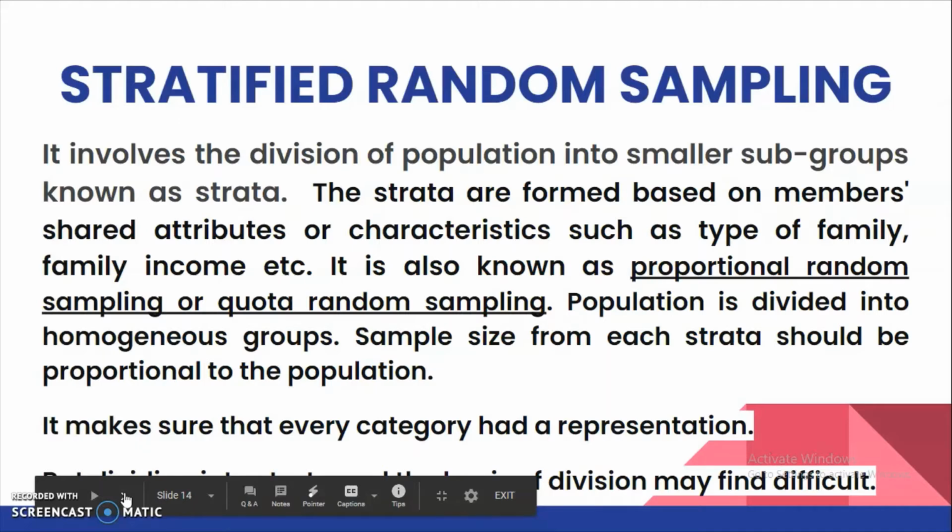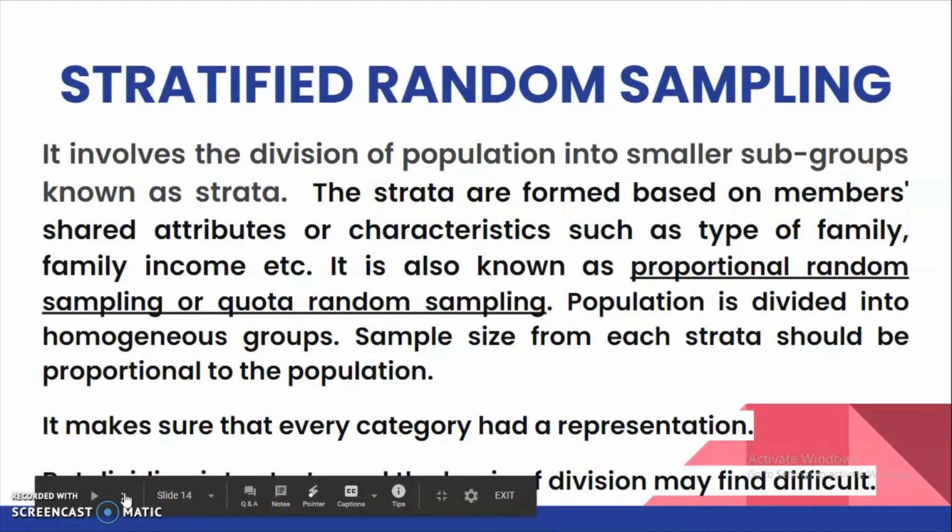After dividing, if we want to take a sample of 100 from 1000 students, and we have 4 smaller subgroups among them, we don't take 25 each.